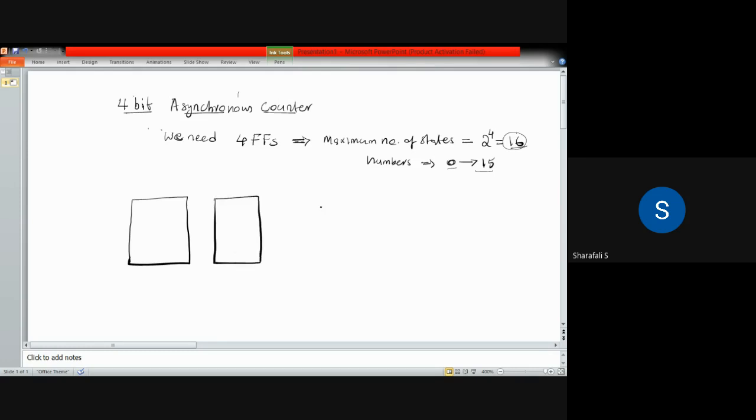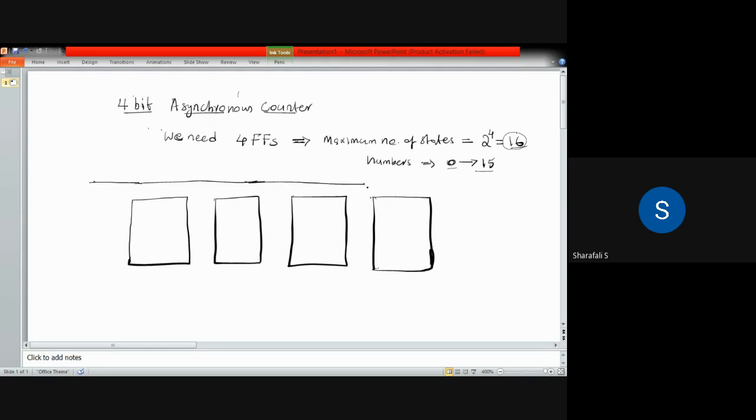We need 4 flip-flops, and we have common logic 1 for all the inputs.